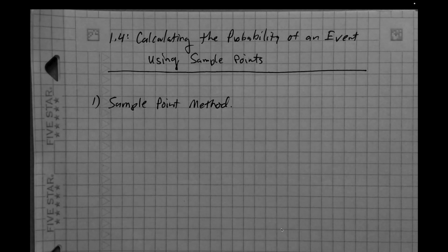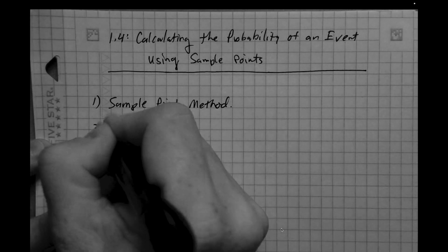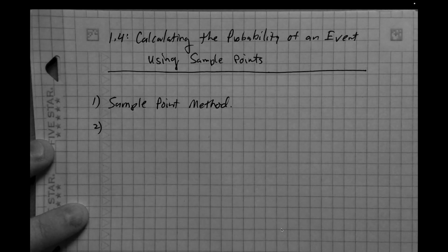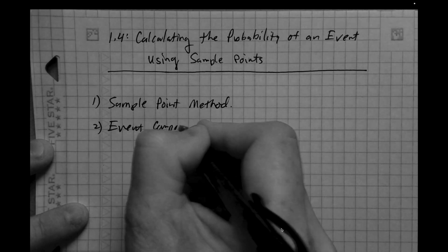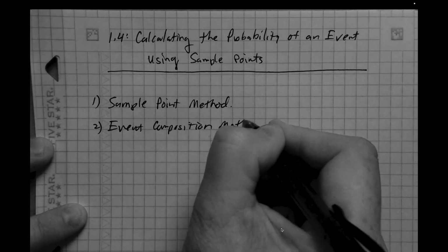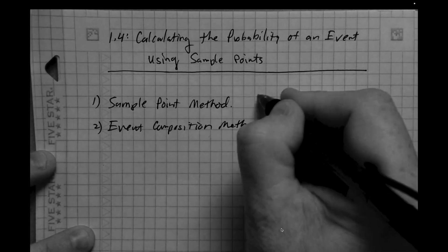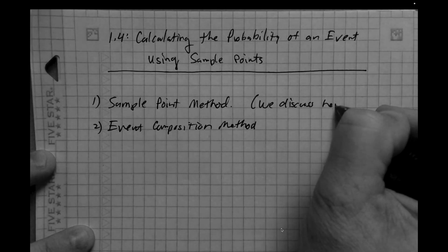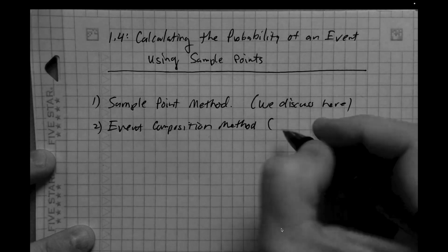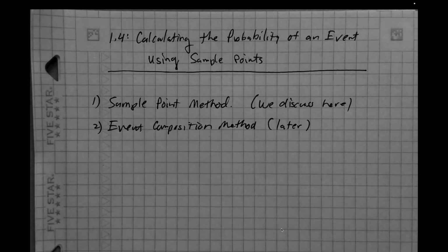There's a second approach which is somewhat different, and you might loosely call it the event composition method. We'll get to that later. We need a little more machinery, a little more infrastructure before we can really address method 2. So we'll focus on method 1 here.